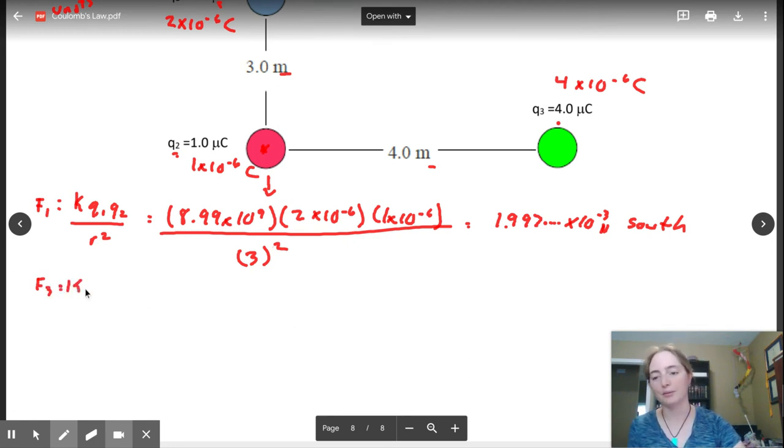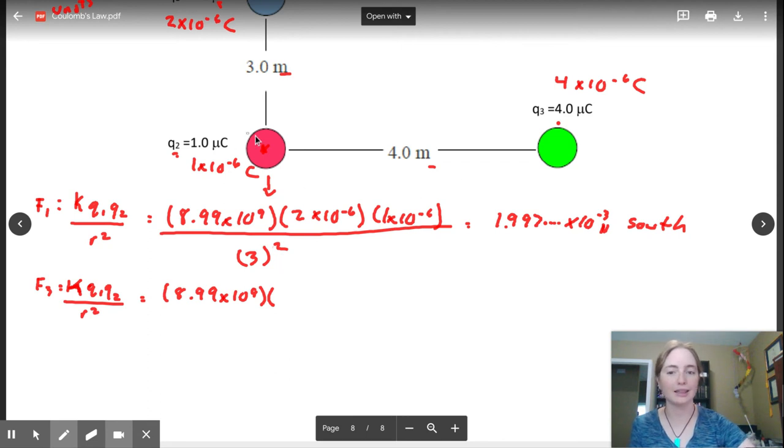So that's equal to K Q1 Q2 over R squared. That's a wonky K. And this guy from your data sheet, same value as always. And then for this one, we're going to be looking at these two here. So 1 times 10 to the power of negative 6 coulombs multiplied by 4 times 10 to the power of negative 6 coulombs.